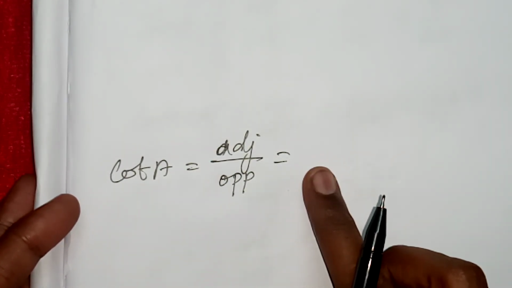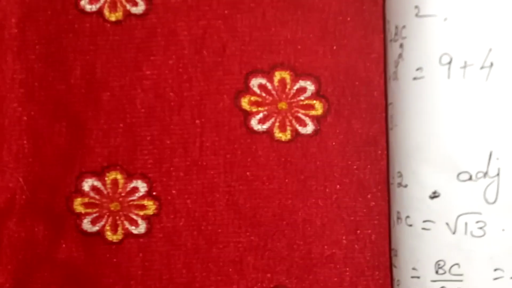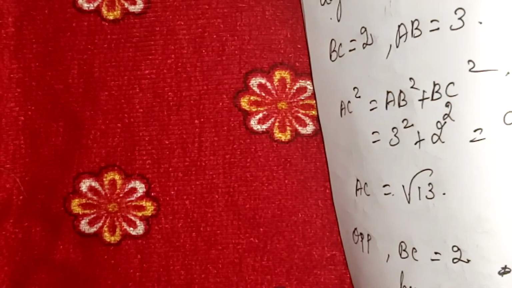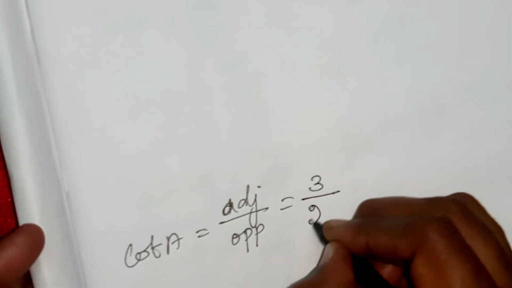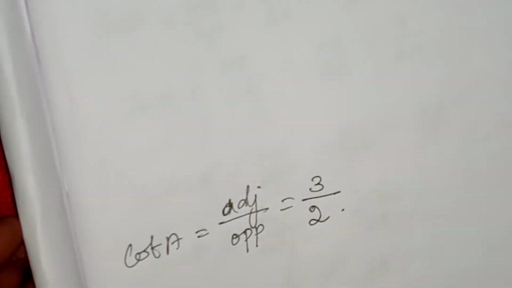Adjacent side AB is equal to 3, opposite side BC is equal to 2, so it is equal to 3 by 2. These are the 6 trigonometric ratios. One ratio is given, that is tan A. Other than tan, the 5 trigonometric ratios are sine, cos, cosecant, secant, cot. We have found them.